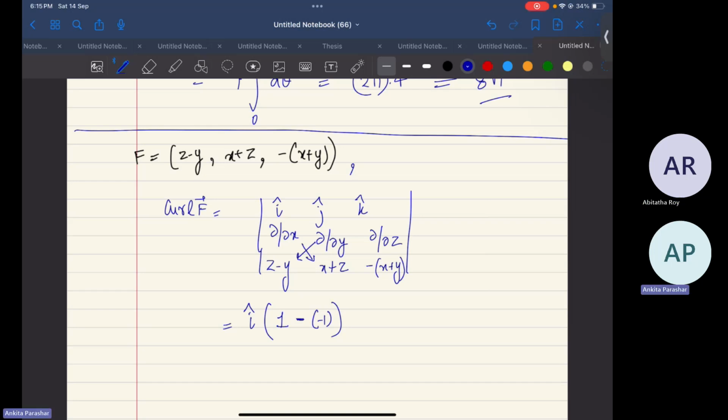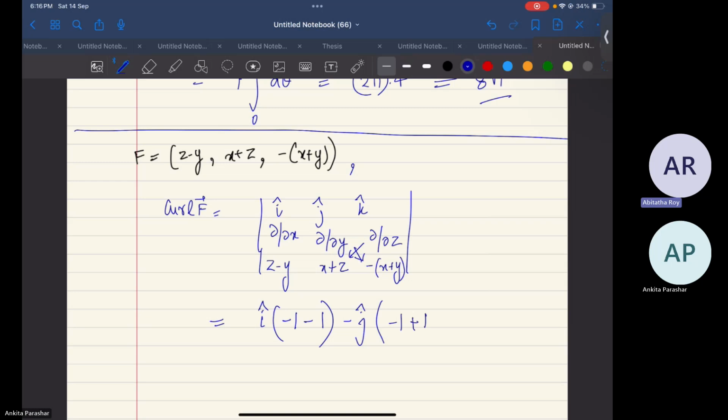This time you are careful. i cap: del by del y of this is minus 1, and del by del z of this is minus 1 again. Then minus j cap. Now the combination is the first and the last one. So del by del x of minus of x plus y is minus 1, and del by del z of z minus y is plus 1. Oh, but there is a minus over there. Yeah. Plus k cap. And this time this is the right combination.